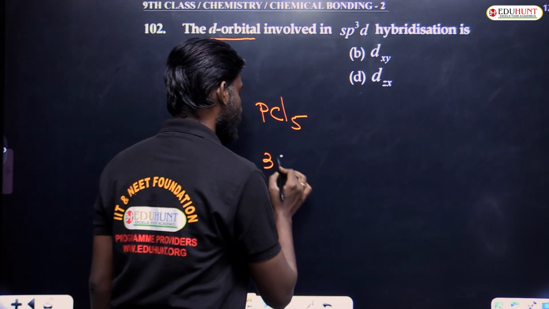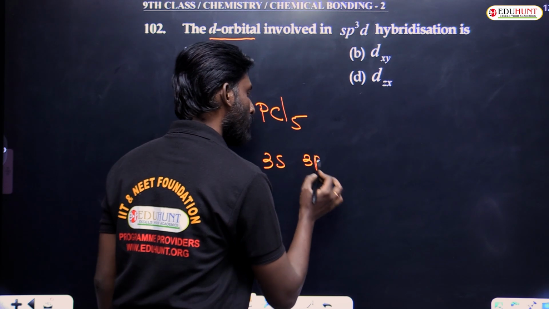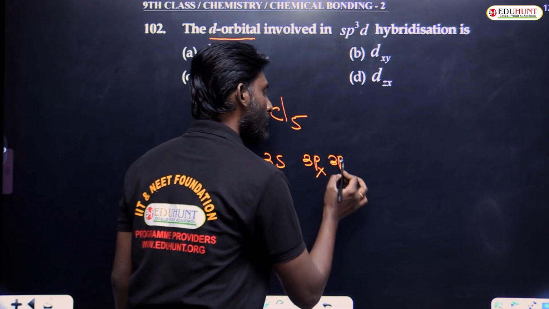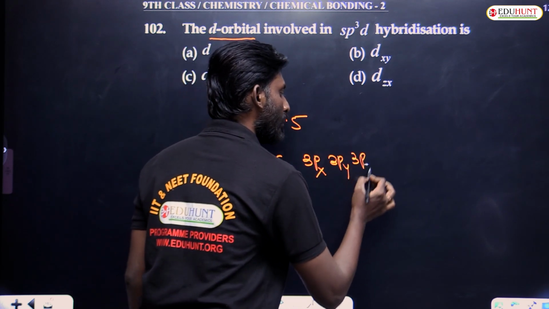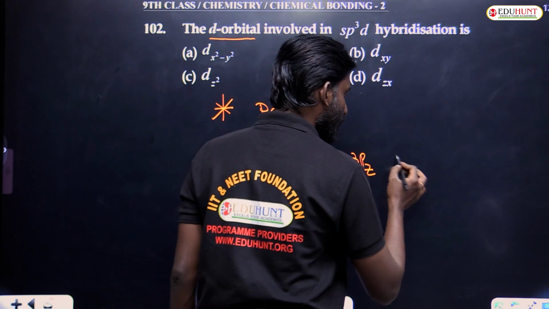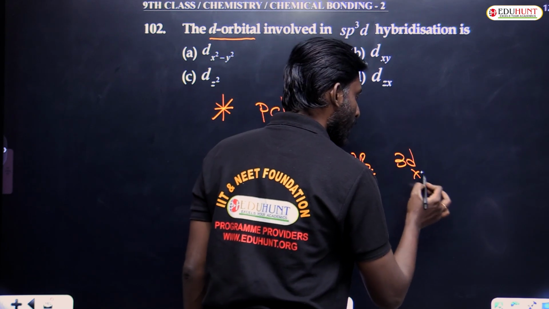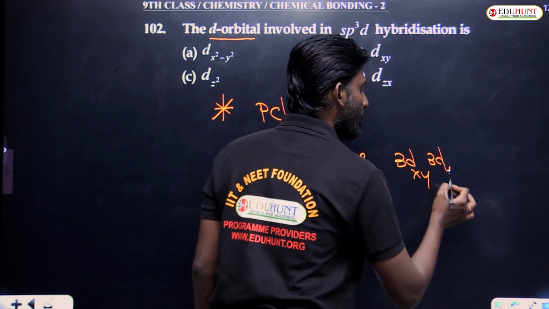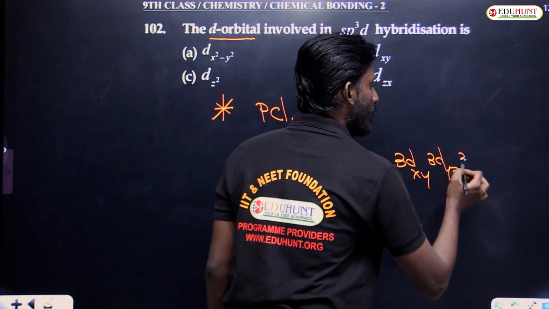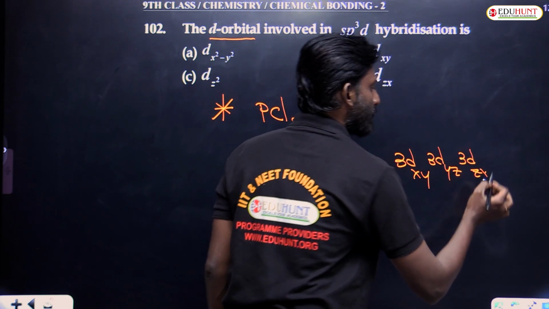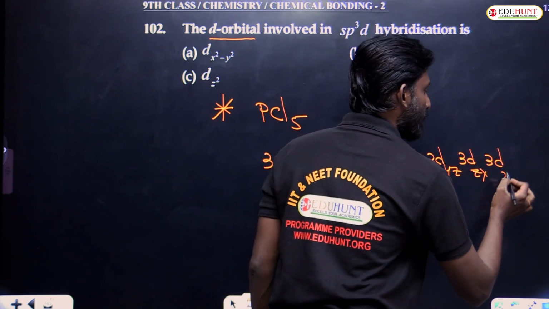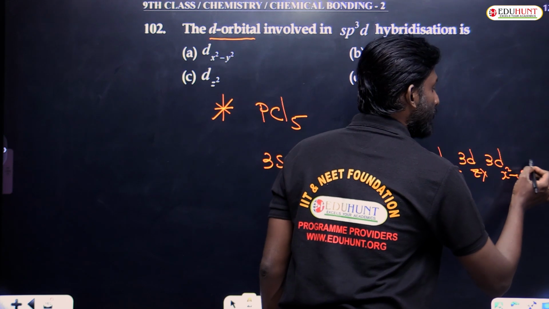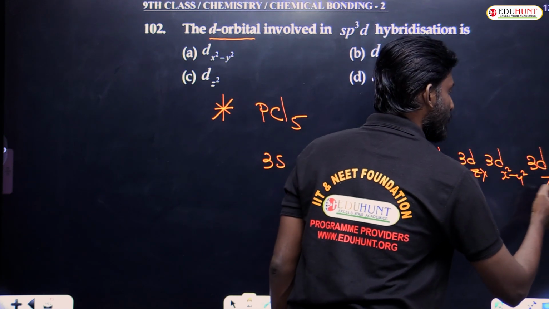So the valence shell has 3s, 3px, 3py, 3pz, and the d orbitals are 3dxy, 3dyz, 3dzx, 3dx2-y2, 3dz2.